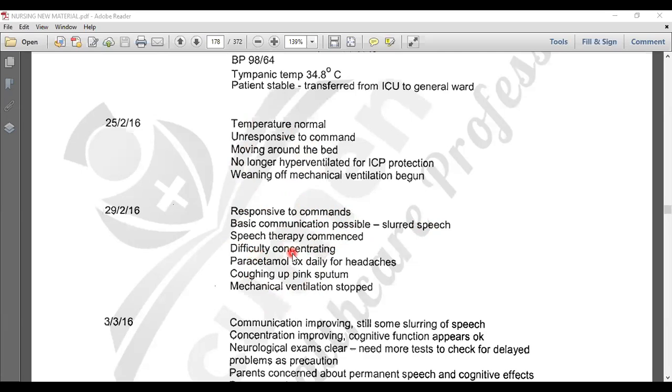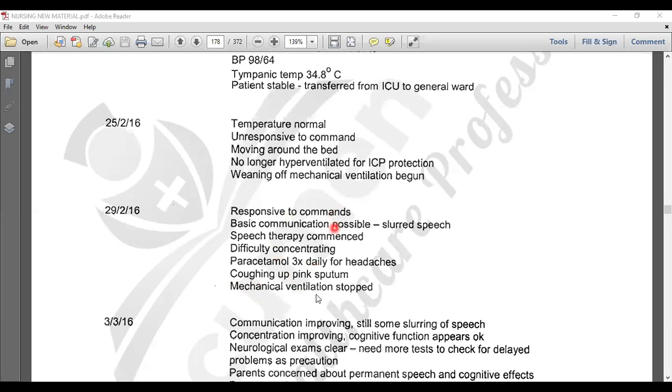She developed difficulty in concentrating. Along with that, she had some headaches. So paracetamol was prescribed. She developed a cough along with pink sputum, naturally because she was on mechanical ventilation, so some sort of coughing and sputum is quite obvious.